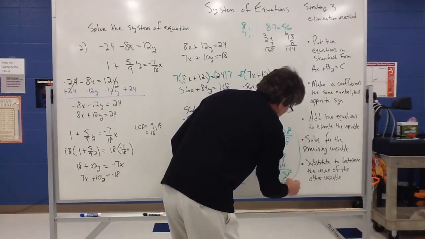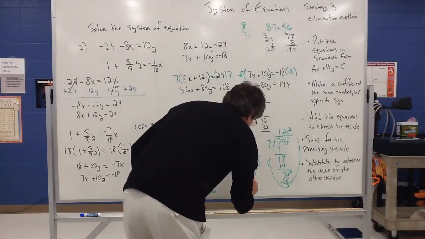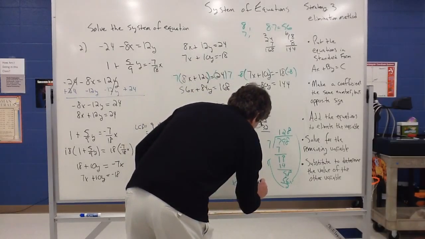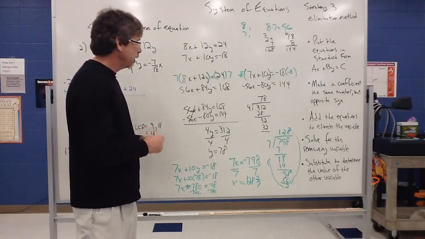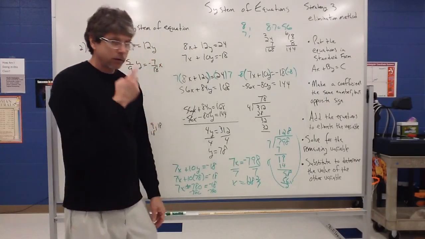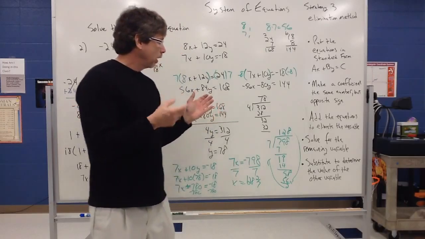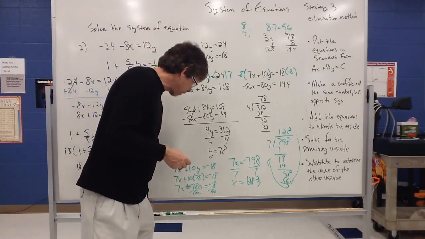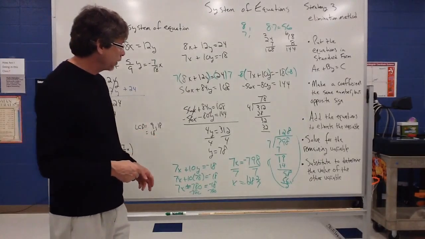So I'm going to get 128 and 2 sevenths. So getting some crazy numbers here. We haven't had a hard number all this time, and all of a sudden we get these. That happens.